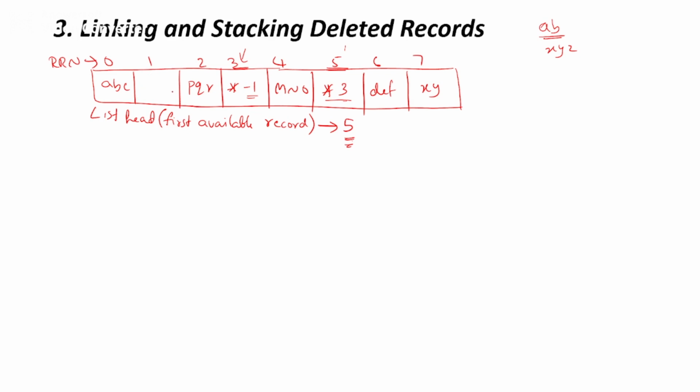What I am going to do is put the pointer to 5, and here I will change it to 1, because whichever is deleted most recently, just now you have deleted the record from RRN1, that will be your list head.